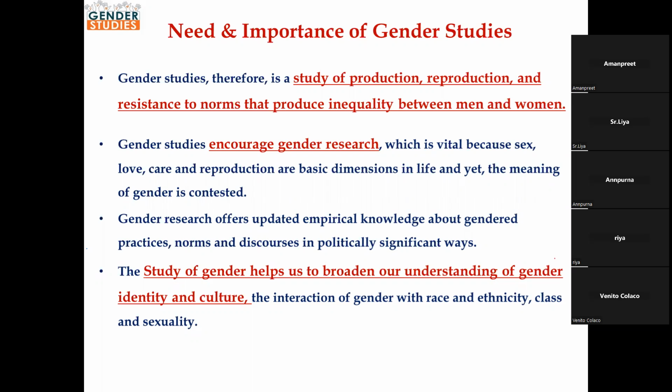The first bullet: gender studies, therefore, is a study of production, reproduction, and resistance. The important word, guys, is resistance. Resistance to the norms that produce inequality between men and women. Right?